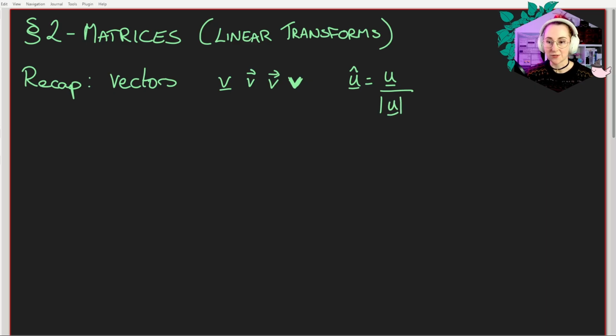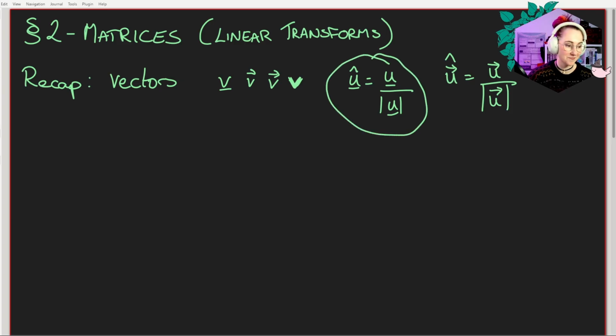If they had arrows, then it would be u arrow hat is u arrow over arrow u. Arguably, they're both awful, and the bold font is the nicest one, but this is nicer for me to write. So this will be the notation that we use.